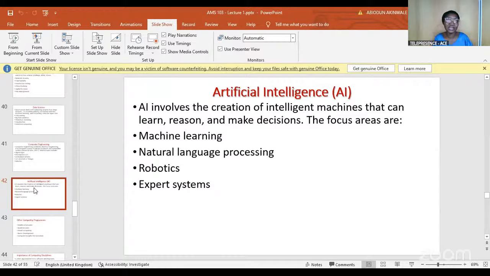But artificial intelligence is another area which you are well familiar with, but what is actually embedded or inherent in it, it involves the creation of intelligent machines that can learn. Like you are here learning, it learns using raw data that is provided to it. Okay. Like now we are taking these lectures, and then we are taking attendance.